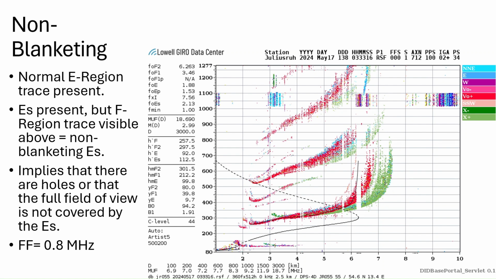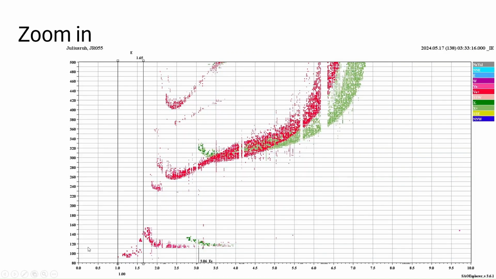Right, so on our spread F here, I've just classified that as about 0.8 megahertz using my FF parameter. And then I'm just zooming in. We've got our normal E region trace here, although it's a bit lacunar.